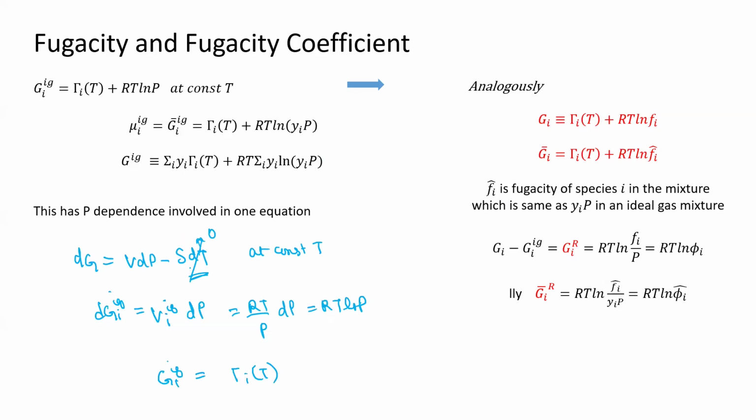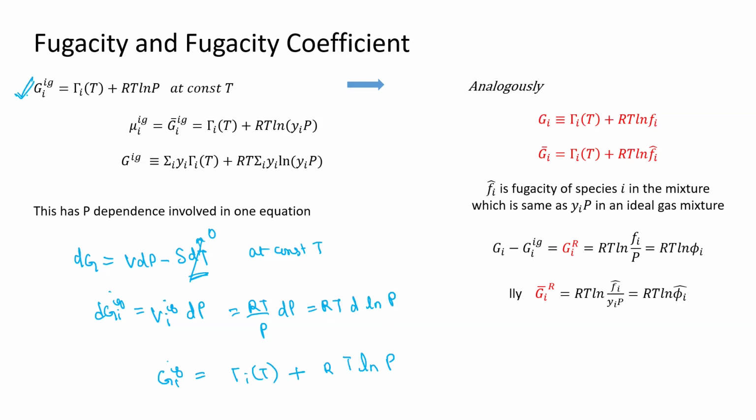So at constant T, this should be used here. So that constant is dependent on temperature, plus RT ln P. This was d ln P. Fine, so this is derived here.